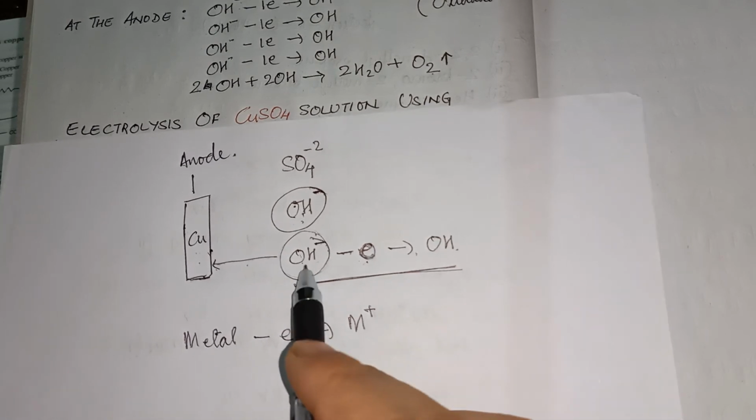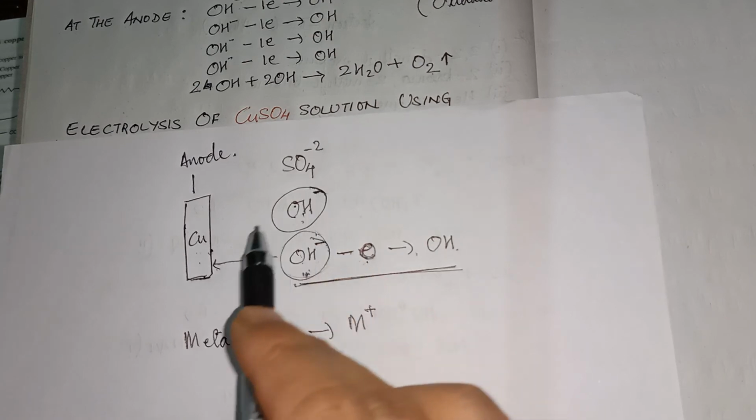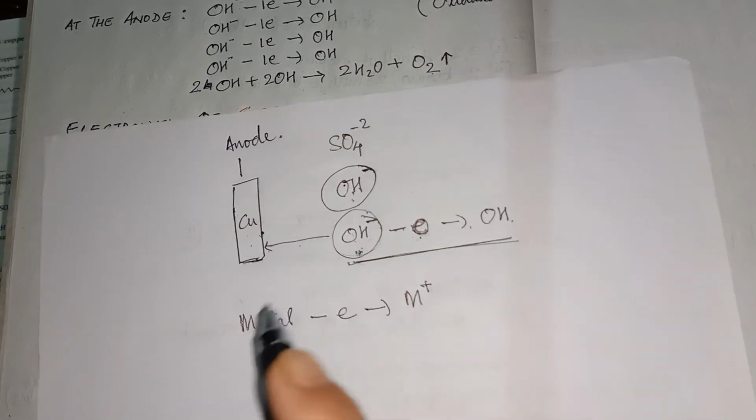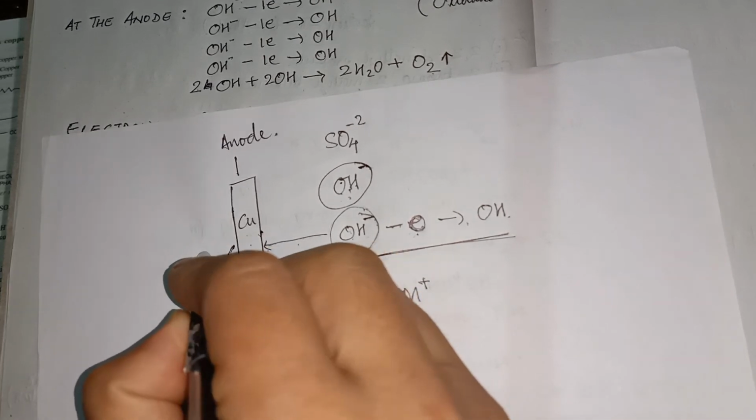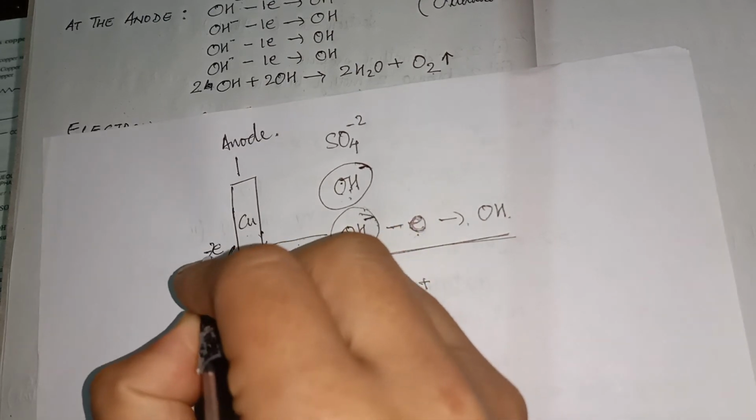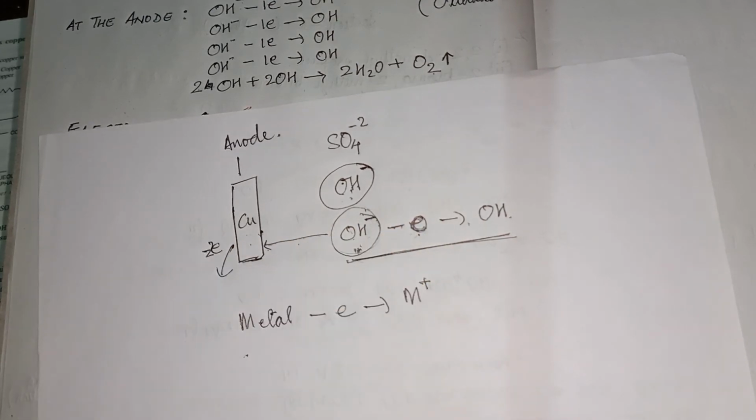Instead of hydroxide ion or sulfate ion undergoing oxidation over here, the anode itself, which is made up of copper, will lose electron. It will lose 2 electrons because the valency of copper is 2.